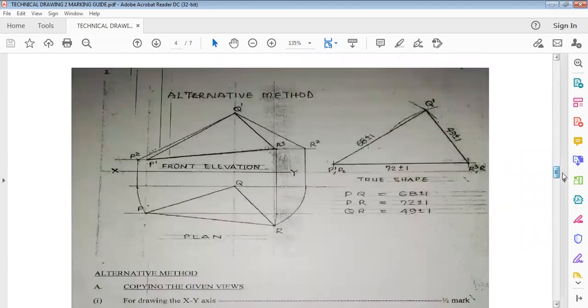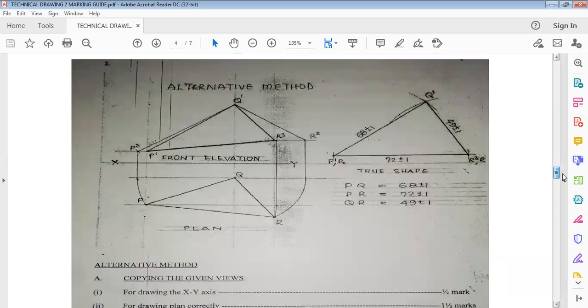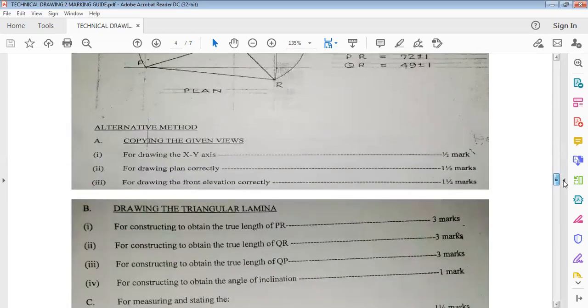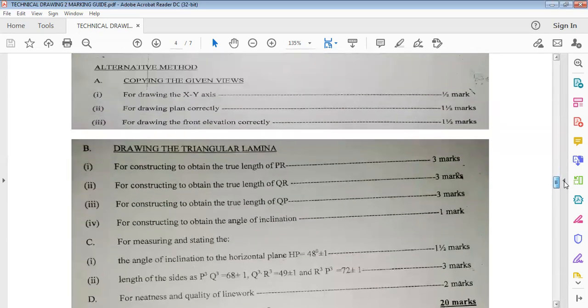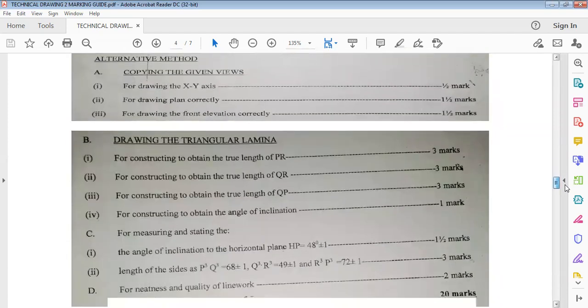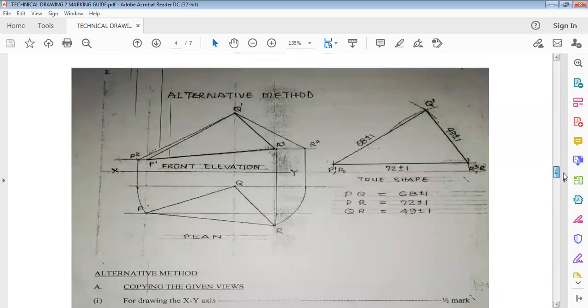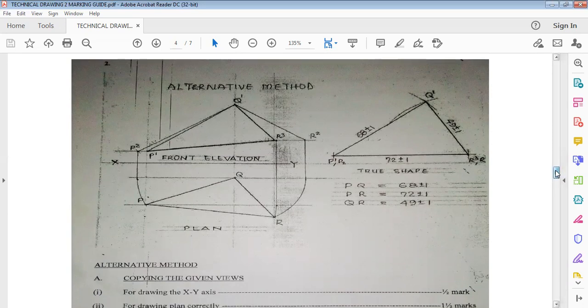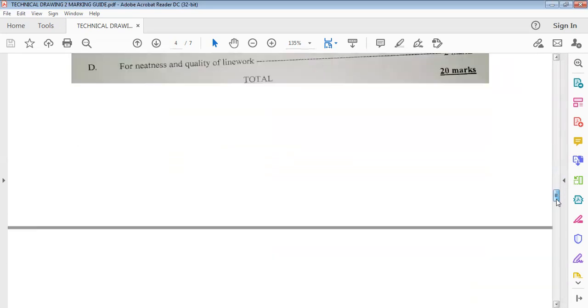So this is an alternative method, and the marks awarded to each step that you take is what we see here, which is also 20 marks. So whether you use the other method or this method, any one that you do will give you 20 marks.